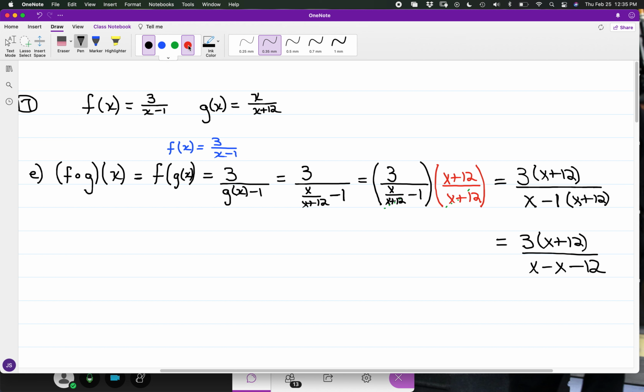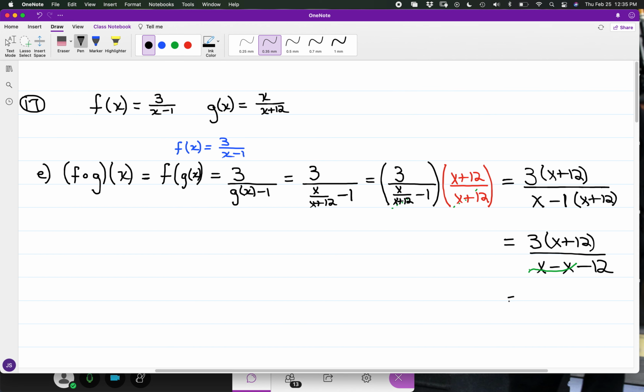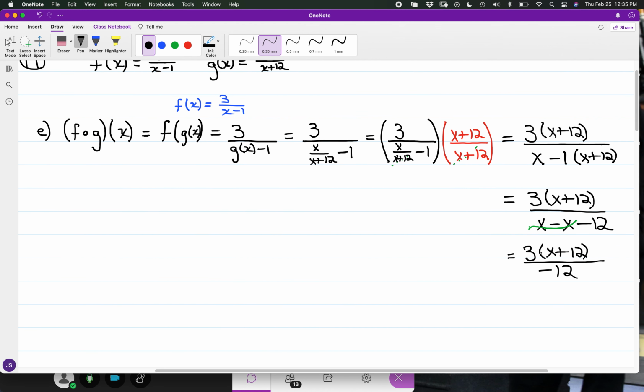And if you notice, the x's are going to cancel each other. So we're going to have 3 times the quantity of x plus 12 all over negative 12. You can technically simplify this ratio because 3 goes into negative 12 negative 4 times.